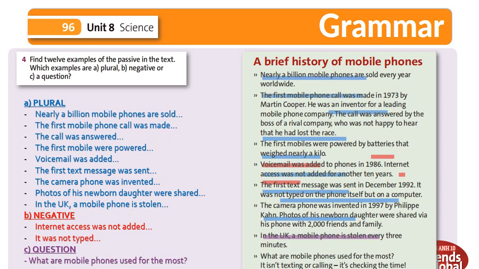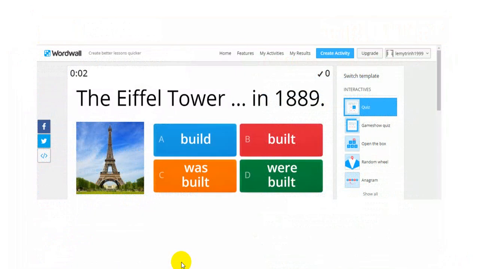And in the negative of the passive, you put not between be and the past participle. And in the question, you can say, what are mobile phones used for the most? You have the question: be, subject, verb, past participle. Yeah, it's clear.